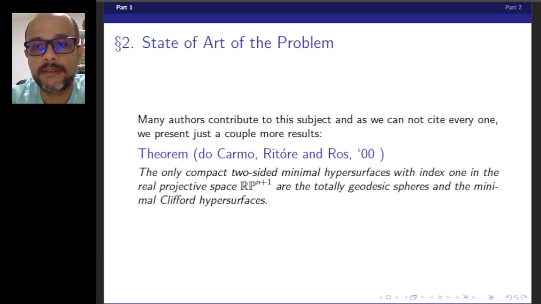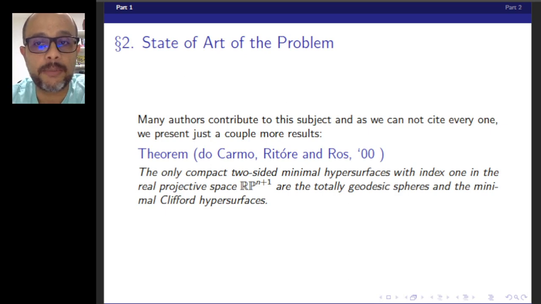and in my point of view, this is the second simplest space to work with, because I think the first one is the sphere and the second is the quotient of the sphere, the simplest quotient of the sphere, which is the projective space.